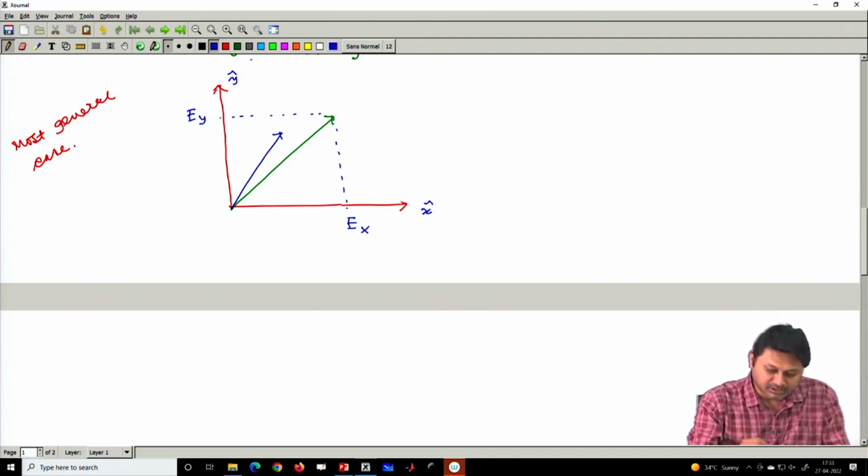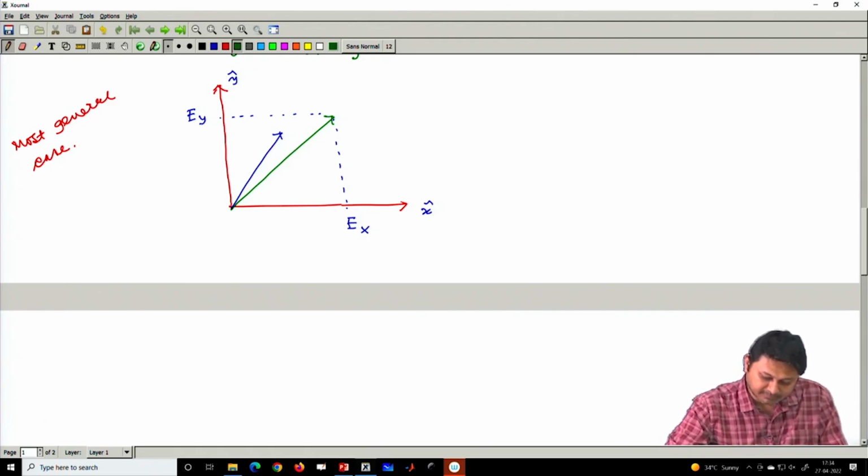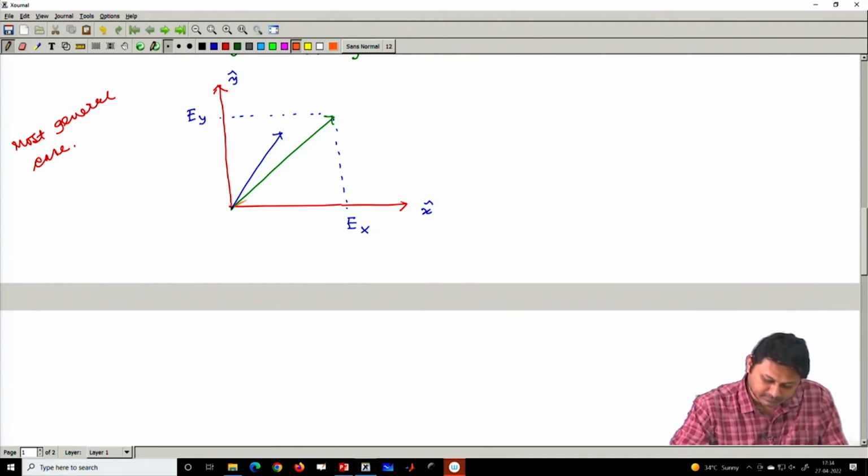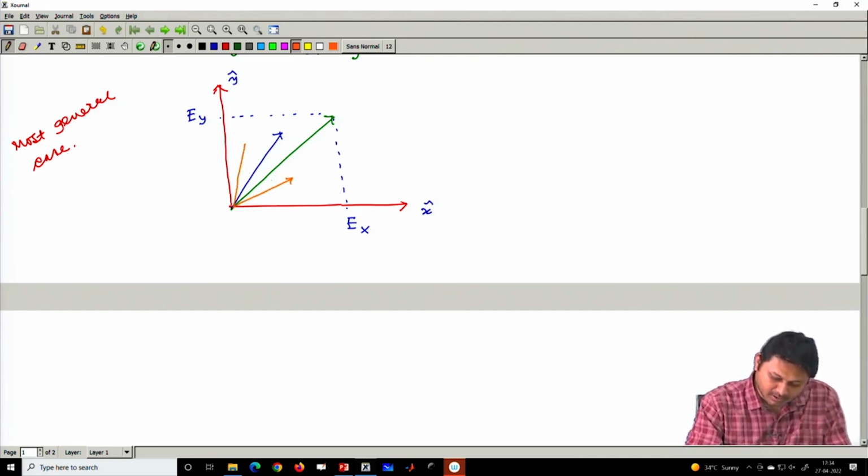So maybe I can draw in this way. So, P 1, I can say its another component here is P 1, maybe in different color. I can divide it into two components like P 1 and say P 2.